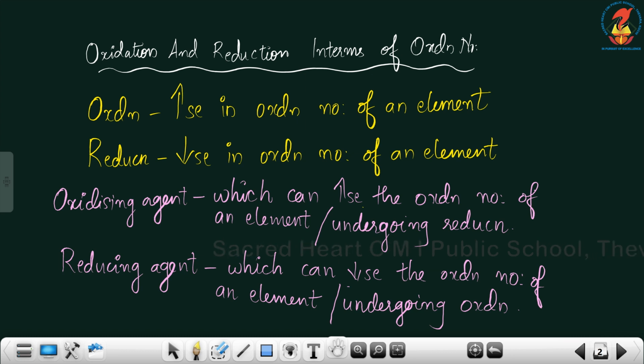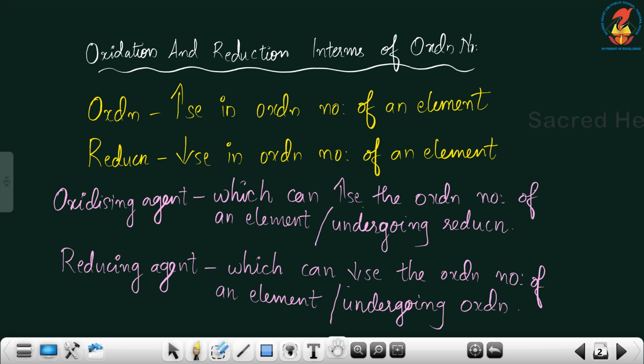In terms of oxidation number, oxidizing agents are the species which can increase the oxidation number of another atom or element, and they themselves undergo reduction, or a decrease in oxidation number.